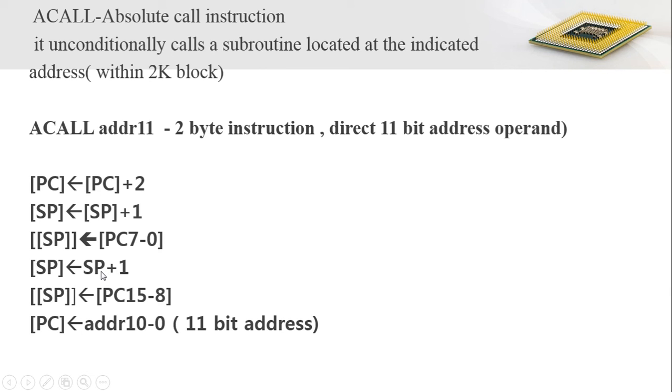Again increment the stack pointer by 1, and to that location load the higher byte of PC. Now the PC becomes completely free for loading the target address, in which we can load the 11 bits of target address, loaded from the least bit position towards the MSB. The target address is available directly from the ACALL instruction itself. So this is the working of the ACALL instruction. Now the PC is loaded with the target address, so we can directly transfer control to the subroutine body.